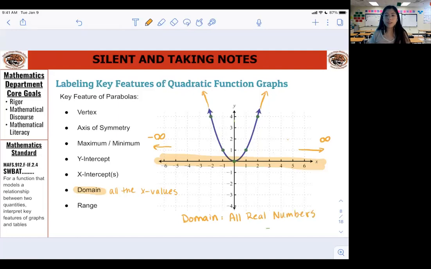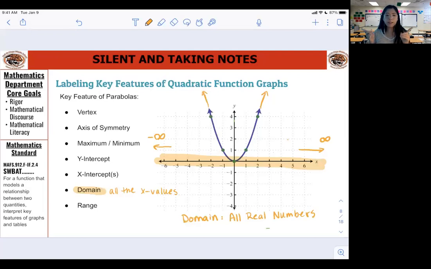What that basically means is that it's going from negative infinity. Now remember, infinity just means think about the biggest number you know, and then keep going. It's never going to stop going to the left, and it's never going to stop going to the right.